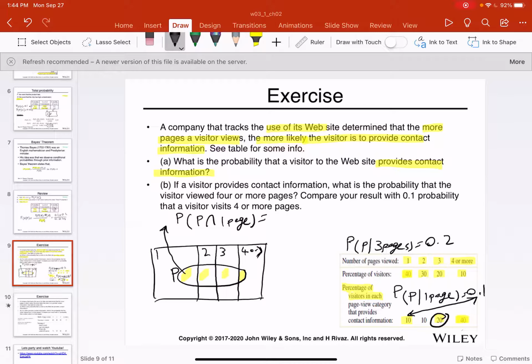I can't say that because they are not independent, right? Whether you're not sure they are independent or not, use the other equation, which is always correct, right? So the other equation that was always correct was the following. That is, this is always equal to probability of providing information given 1 page times probability of 1 page. This is always correct. Even if they are independent, this is correct, right? So that's why it's safe to use.